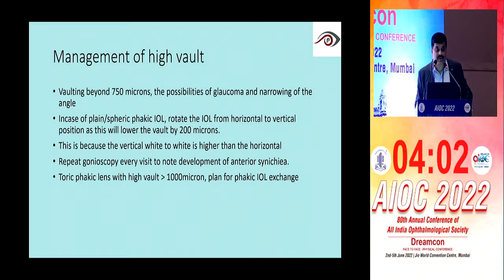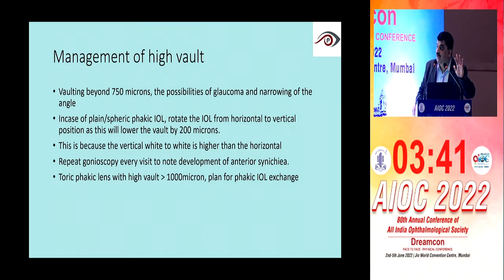Now, management of high vault, vaulting beyond 750 microns. As I already said, there is a possibility of glaucoma and narrowing of the angle. Suppose you put a plain or spherical ICL, you can rotate the ICL from the horizontal to the vertical position.